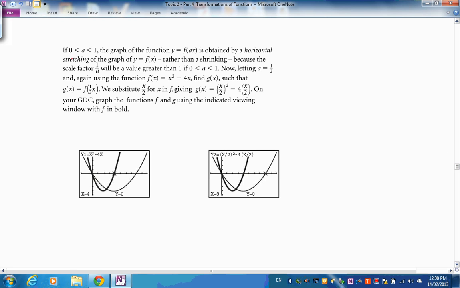If we have a fraction in front of x, so here we're going to put a half x in there and substitute that into the function. So let's start with our function and put a half x in place. There's our new function, a half x squared take 4 times a half x.